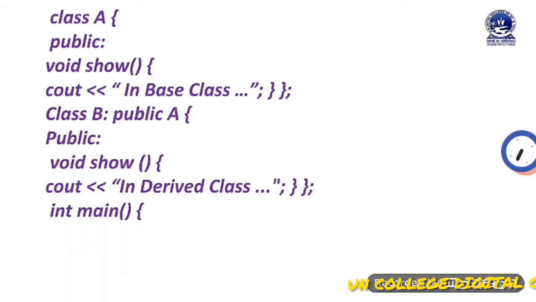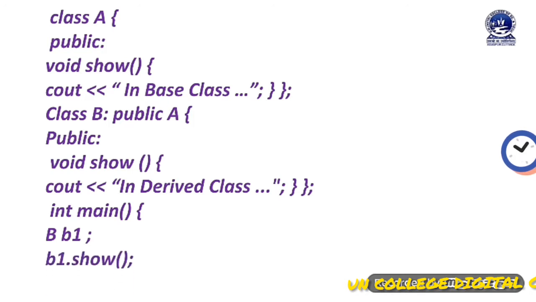In the int main method, I have just used the object of class B, that is B1. Here B is the derived class, as we know, and B1 is the object of the derived class.